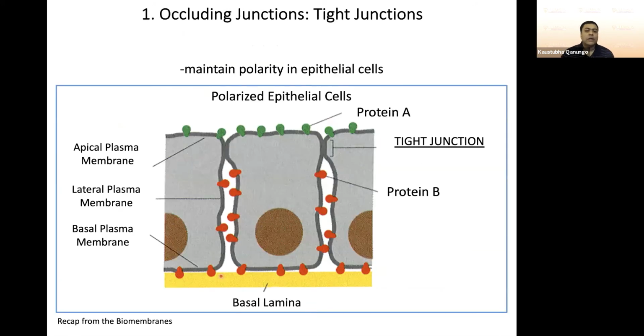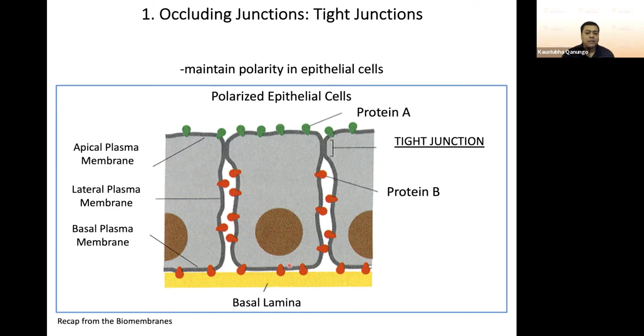All right, so here you can see that this is your biomembrane directly from your biomembrane lectures, and we are just going to spend just 30 seconds on this slide. So the first thing of these occluding junctions are the tight junctions. And what they do, they maintain the polarity of the epithelial cells. And you know that this is the basal lamina.